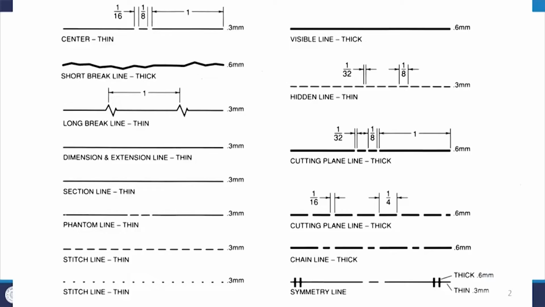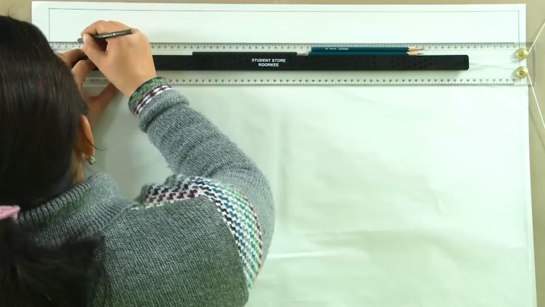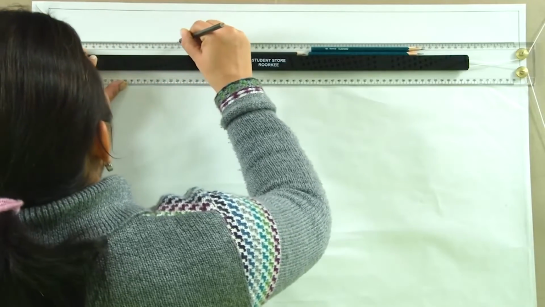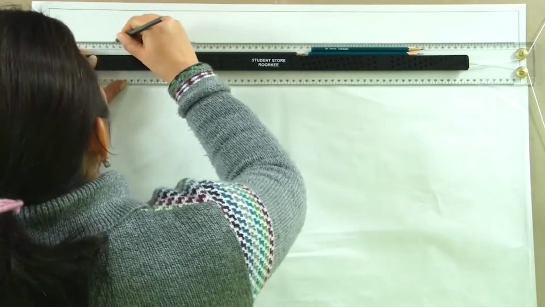So the first line that we are going to look at is the visible line. Whenever in an object something is visible, it could be either in section or in elevation, we will draw a continuous line which is called a visible line. Now this line that we are talking about is a thick line, because this is what we are going to be seeing.